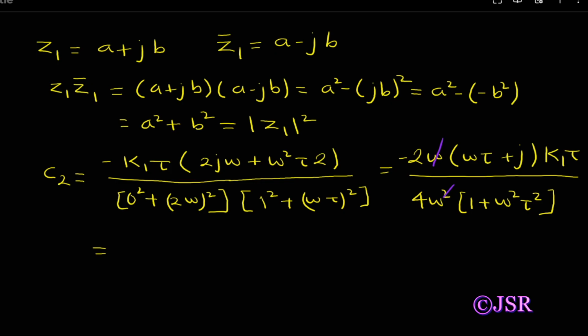So finally in C2, one omega is gone, and 2 cancels with 2.